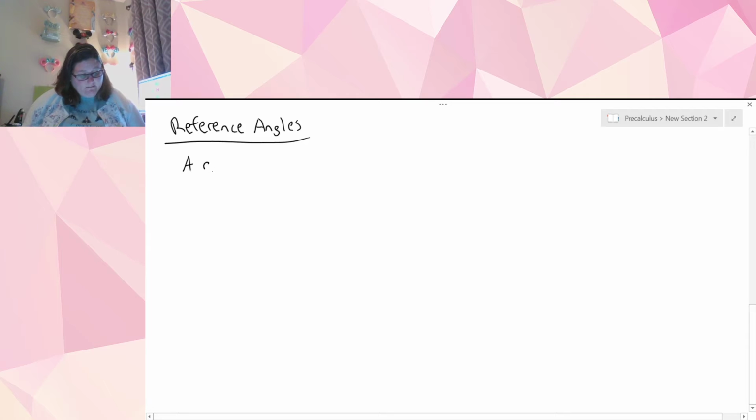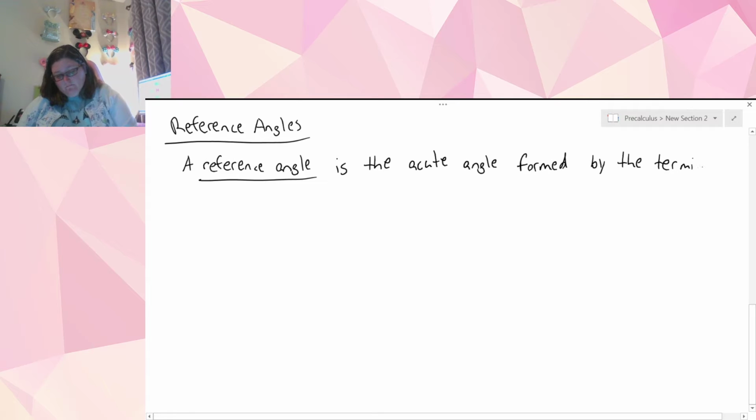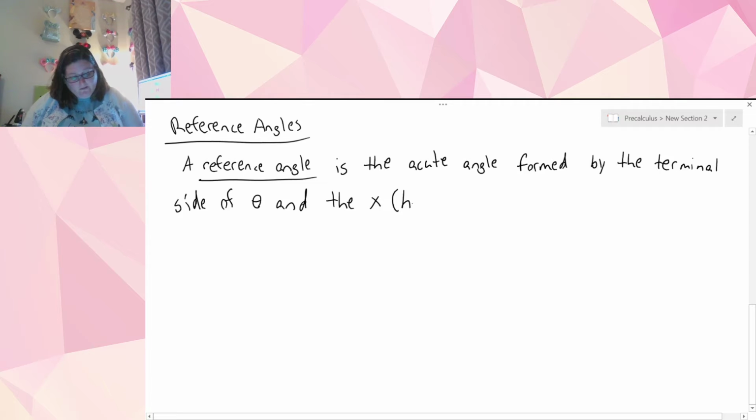So a reference angle is the acute angle formed by the terminal side of theta and the x, or the horizontal axis.